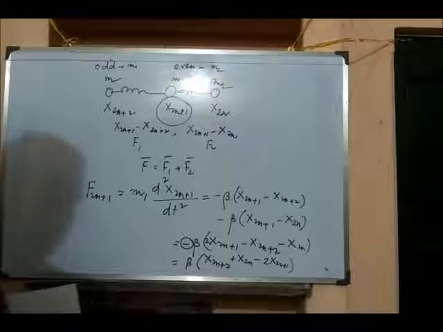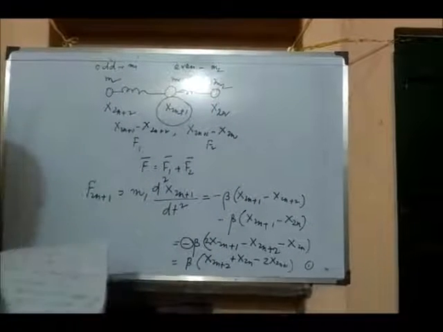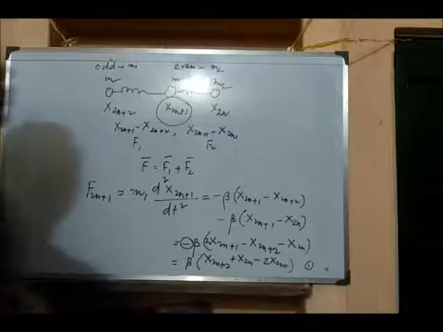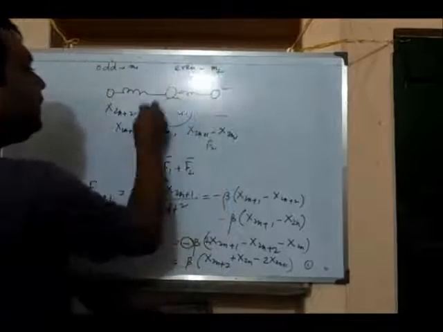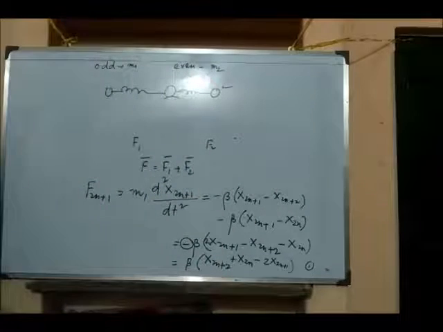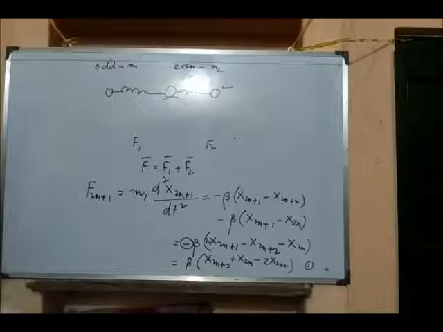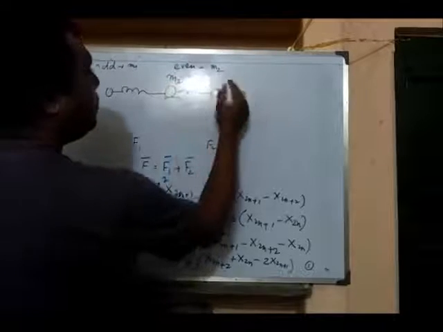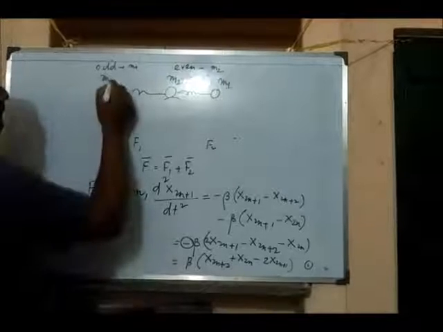Now, this is basically equation number 1, and the same thing happens when you consider the even atoms present here. If there is an even atom, its mass is obviously M2, and this is M1.